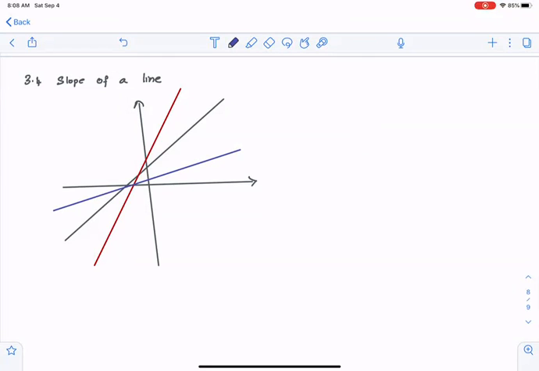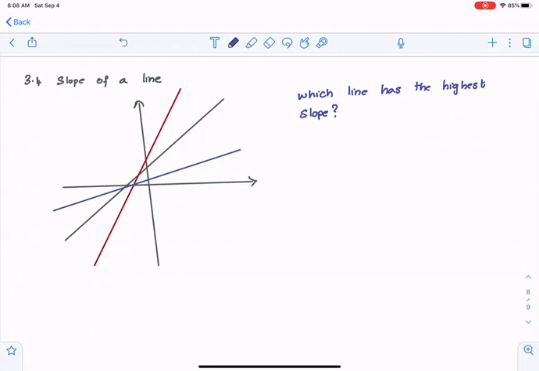Now, which line has the highest slope? Is it the red one? Is it the gray one?